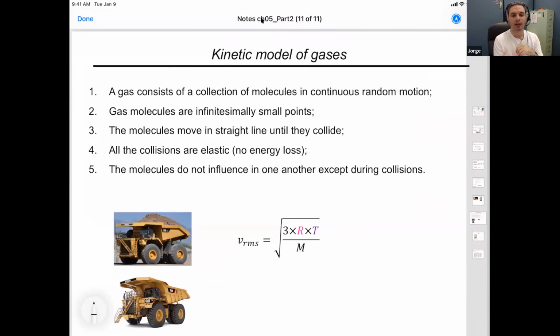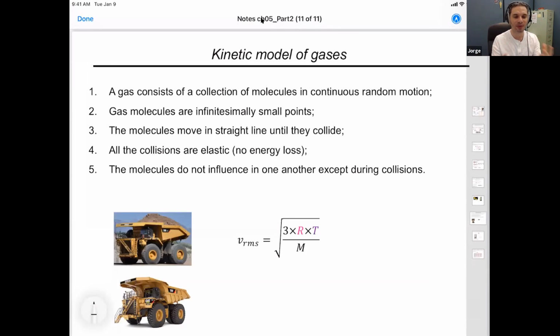Second, gas molecules are infinitesimally small points. Okay, so we are dealing here with an ideal gas, therefore the volume of the gas is basically zero compared with the volume of the flask. Third point, the molecules move in straight line until they collide. Fourth, all the collisions are elastic, which means there is no energy loss when the gas collides with the walls of the flask.